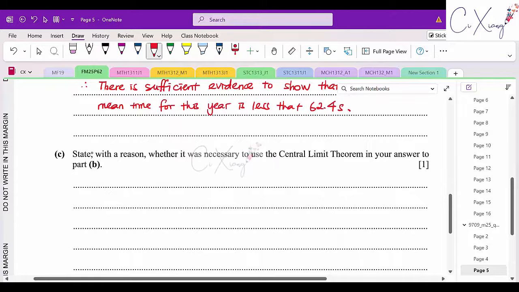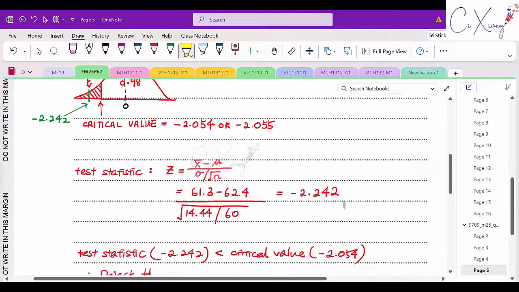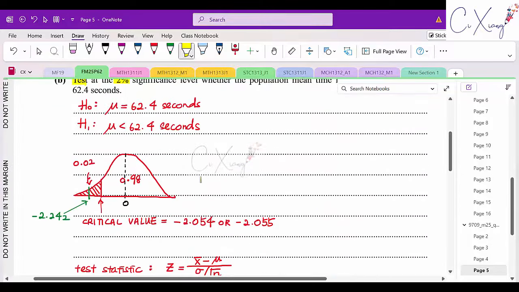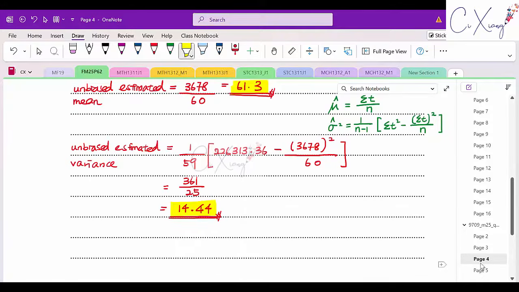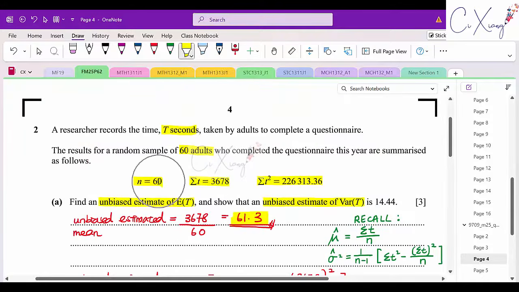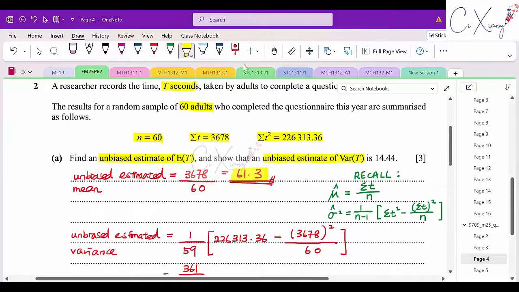For part C, state with reason whether it is necessary to use the central limit theorem in your answer to part B. In part B, I assume that my sampling distribution is normally distributed. What helps me decide this, like I told you earlier, is that when the sample size is more than 30, regardless of the population distribution, I can assume that it is normally distributed.